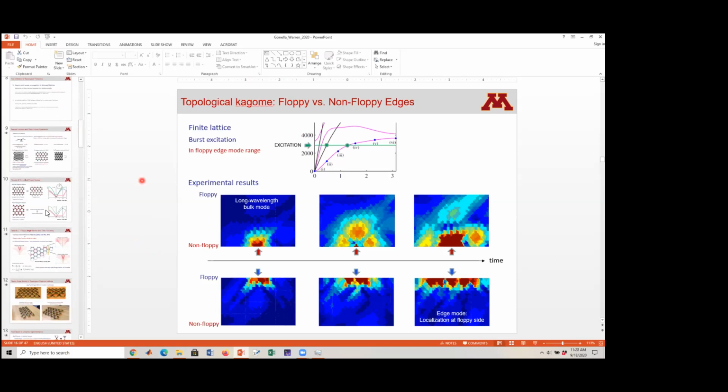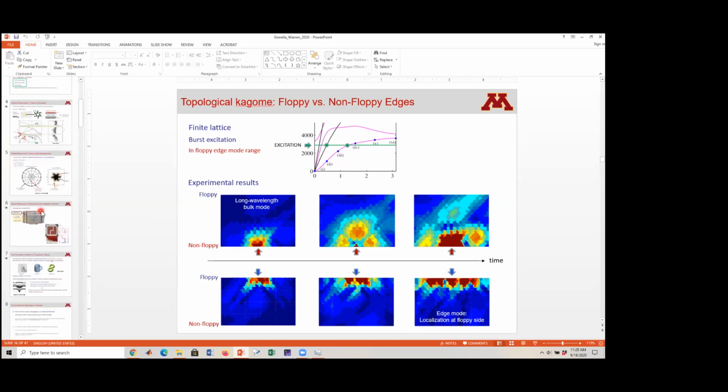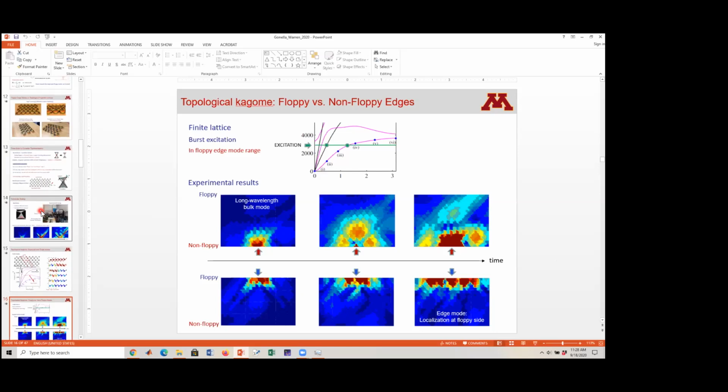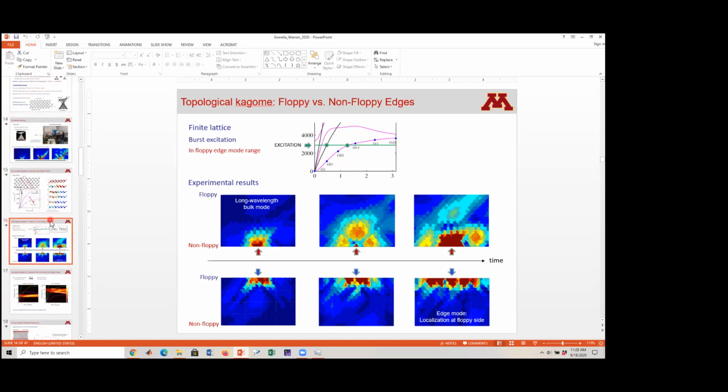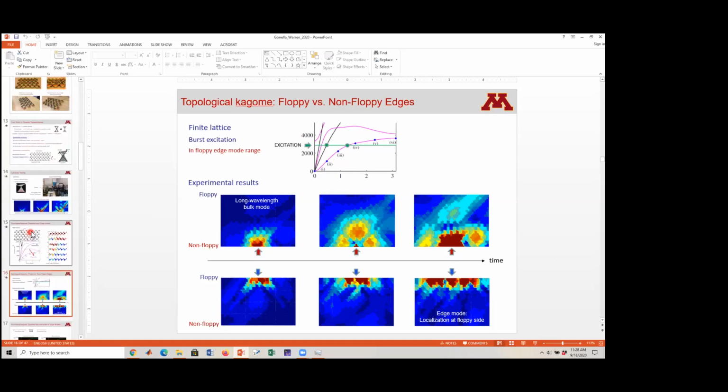I mean, you had one specific case, but how did you come to that? Did you come to that by trial and error? And then if there is a set of recipes that you have, how might they equate to actual engineering applications that you might want to design one of these floppy, non-floppy edge metamaterials?